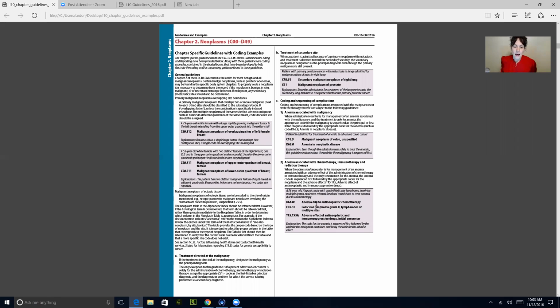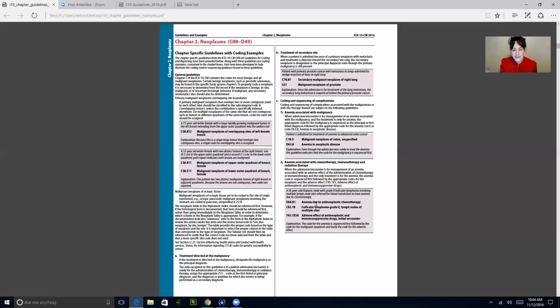So let's get started. Chapter 2 contains the codes for most benign and all of our malignant neoplasms. So if you are familiar with those two terms, then you know that benign is non-cancerous and malignant is cancerous. So that's the simple definition of those two terms.